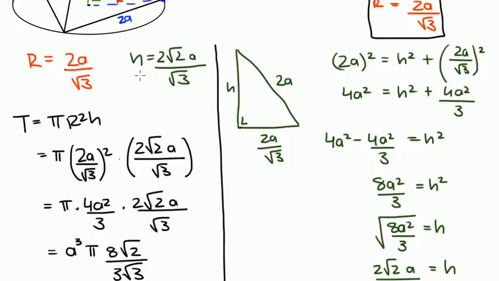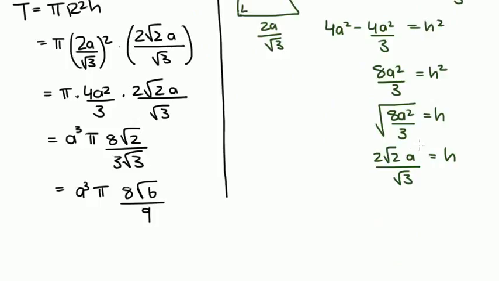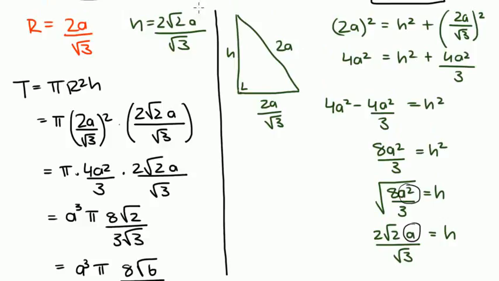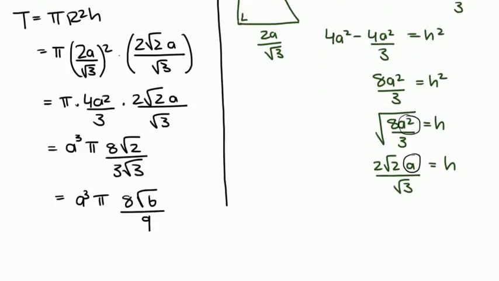Again, simplifying so that we have h in terms of a. Just a little note that I made one error that we spotted: in finding the square root of all of that, it means that a squared just here should have been a and not a squared as I have written it. So we have r and h in terms of a. We substitute them into the formula for the volume of the cylinder and we simplify to find exactly what they've asked us.